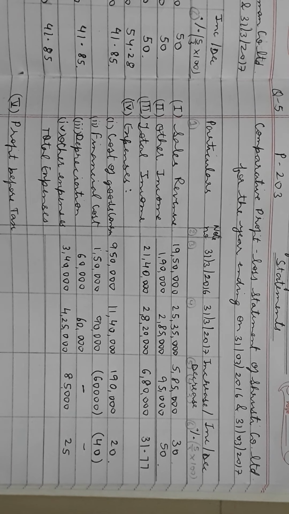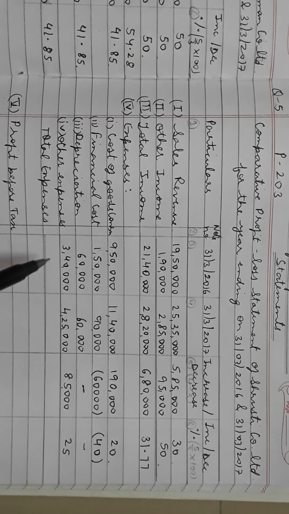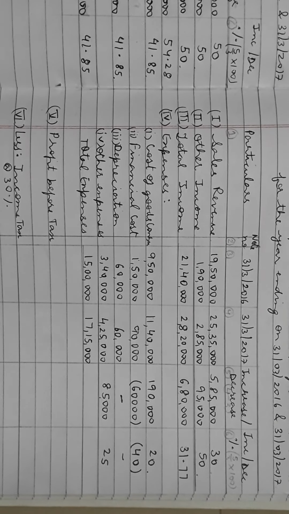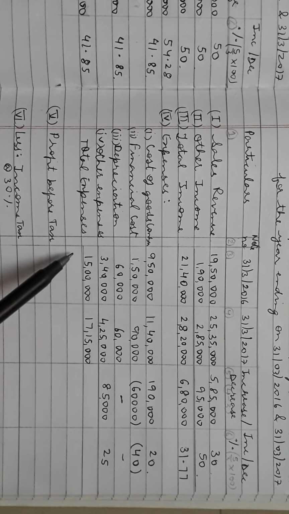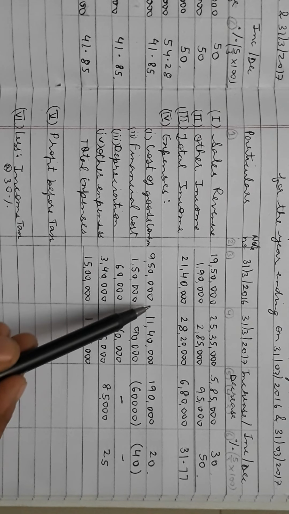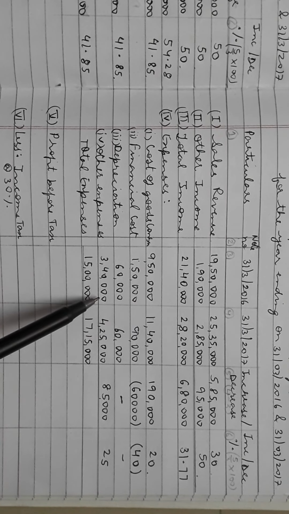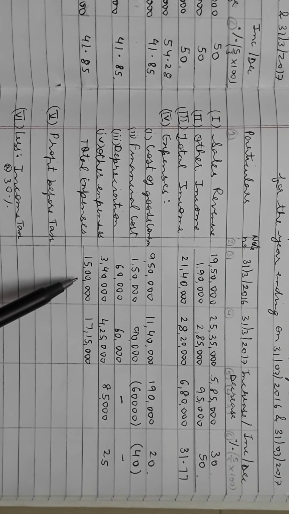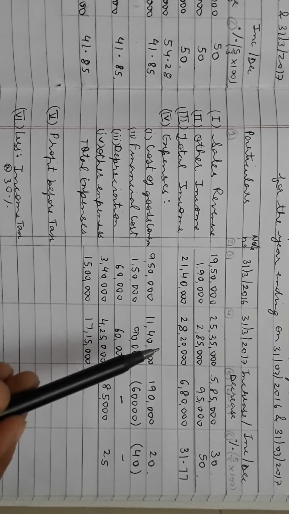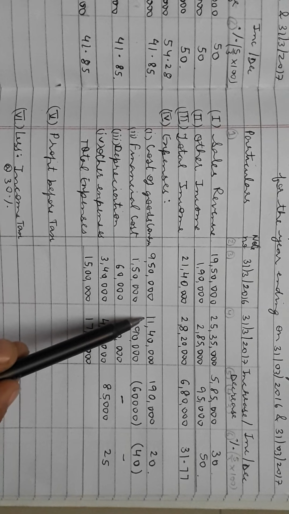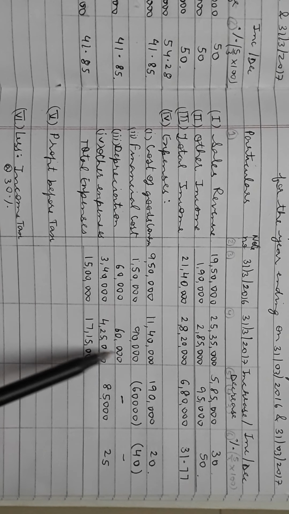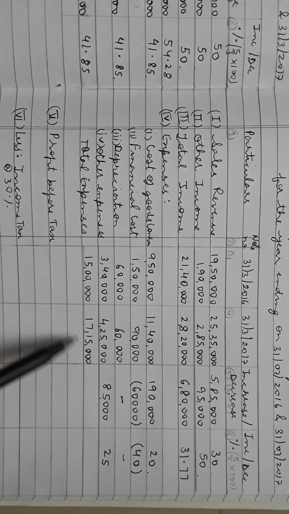Now for calculating all the expenses, we have to add these expenses. Total expenses, that is the expense column total, 9,50,000 to 3,40,000, total is 15 lakh for 2016. For 2017 it is from 11,40,000 to 4,25,000, if we add, we get 17,15,000.